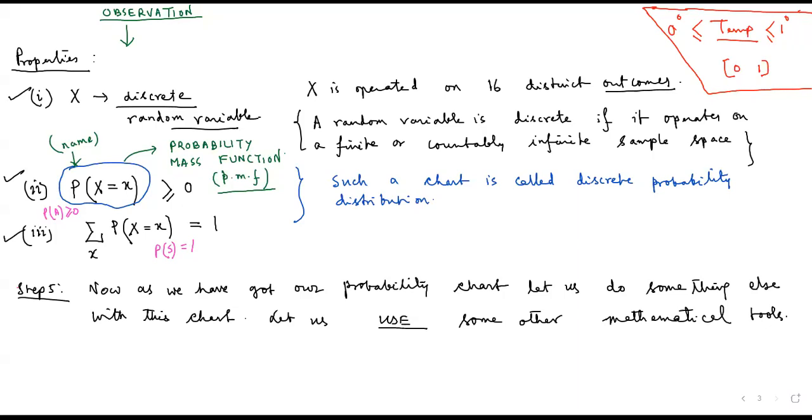Okay. Now let us use some other mathematical tools on the probability chart. What mathematical tools am I talking about? In school days, you knew this particular formula: if you have a variable x and their frequency is given, then we can easily calculate the arithmetic mean.